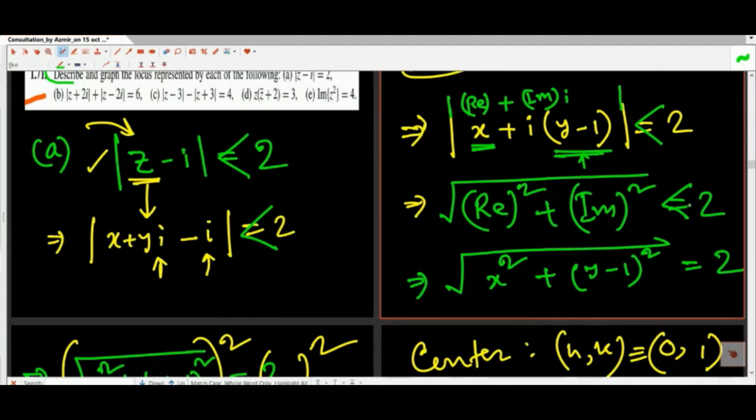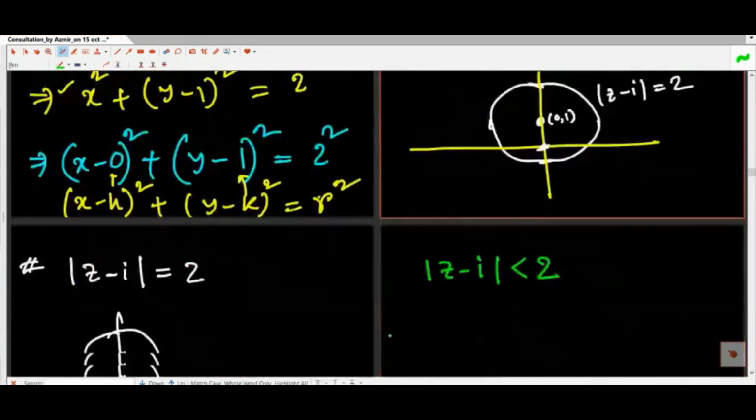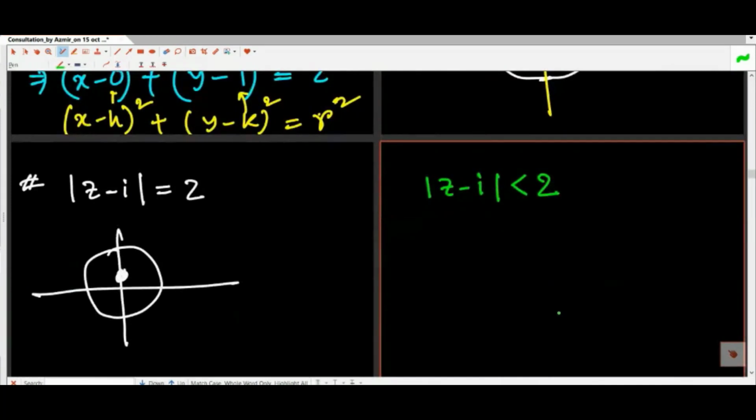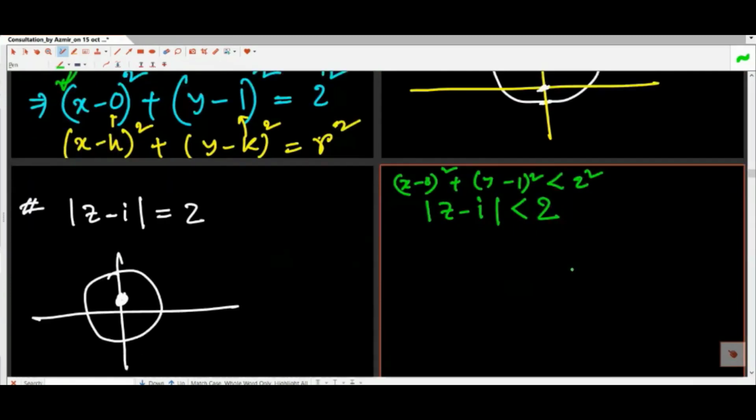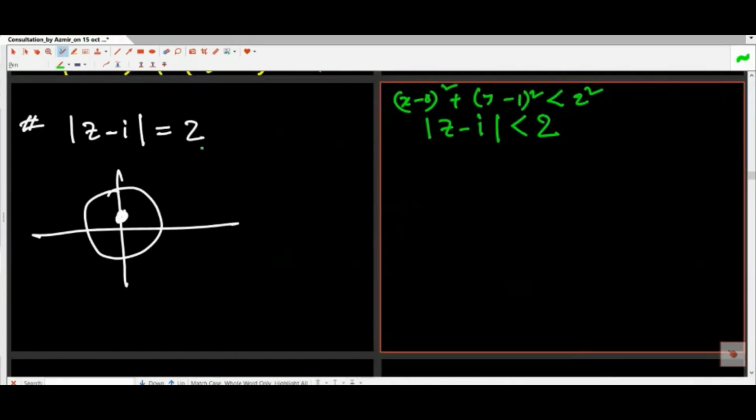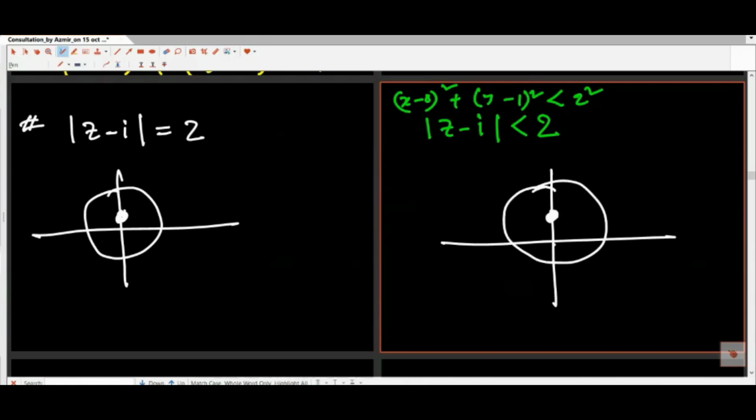So where you have less equal, then replace it by less than. So this is the change that you have to do. Finally, we will have the equation like this one. We will have x minus 0 squared plus y minus 1 squared, instead of equal, we will have less than 2 squared. So it is still a circle, but the region is different. So we are drawing the same circle because the equation is same. So this is our circle.